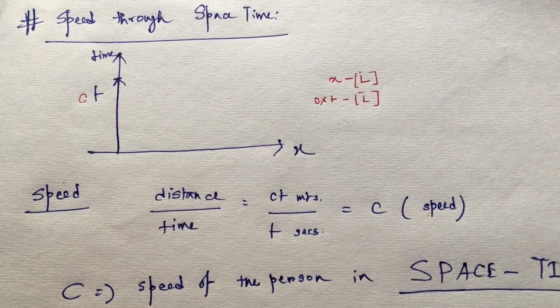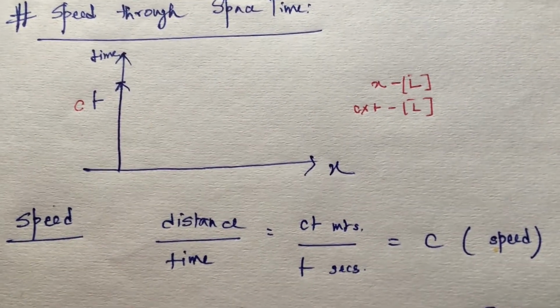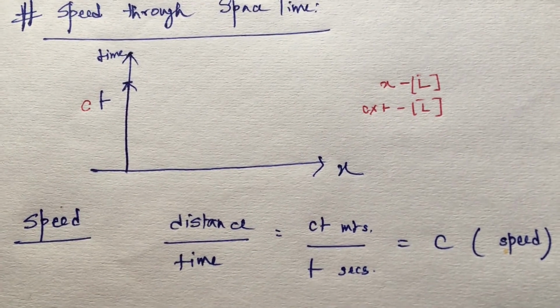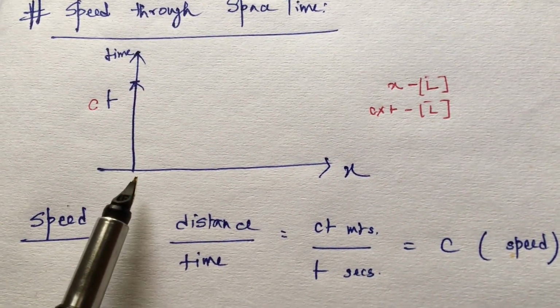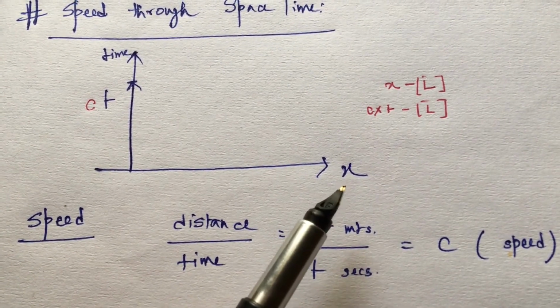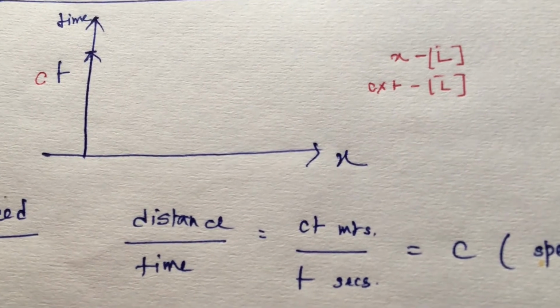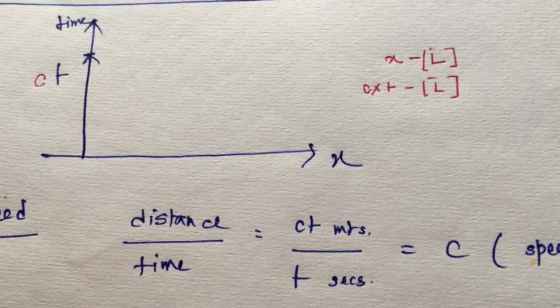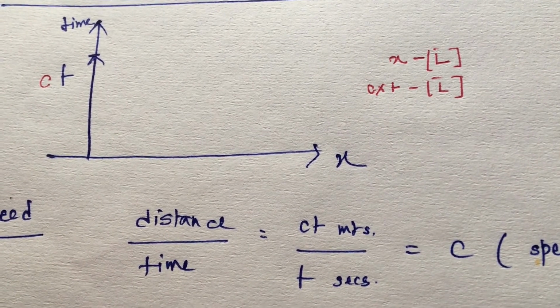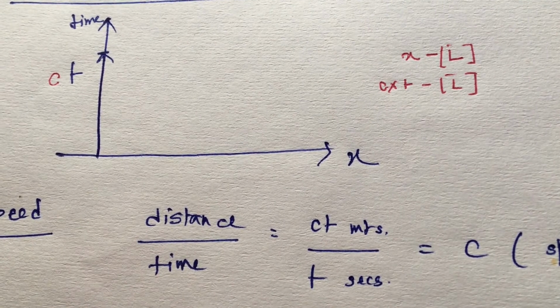Now we will investigate the speed through space-time. Suppose our observer is moving only along the time axis. He is not moving at all along the space axis. If we multiply time with speed c, we'll get the dimension of distance, because speed into time is distance.